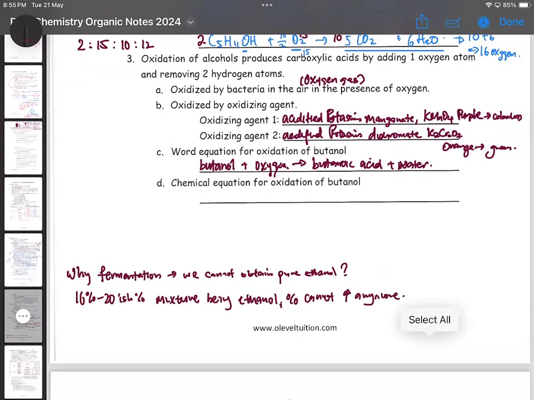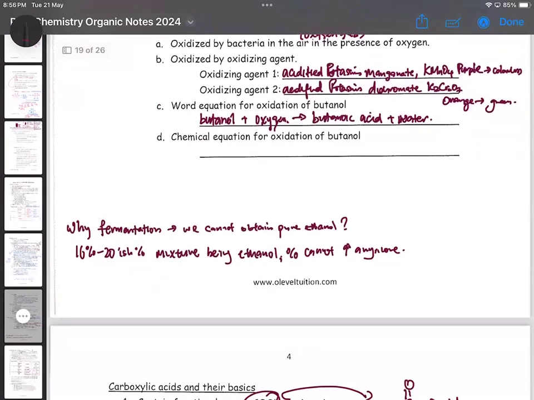Which means you cannot reach a point where you get 100% ethanol present.